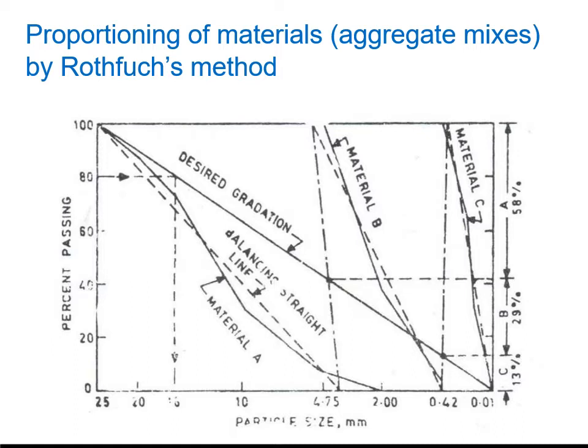So as I mentioned earlier, on the graph paper we have the y-axis representing the percentage passing and the x-axis representing the particle size.